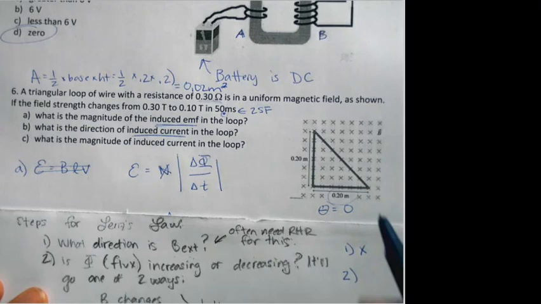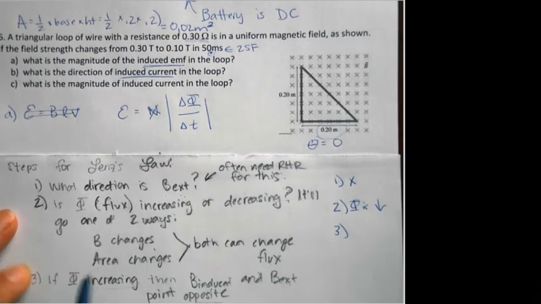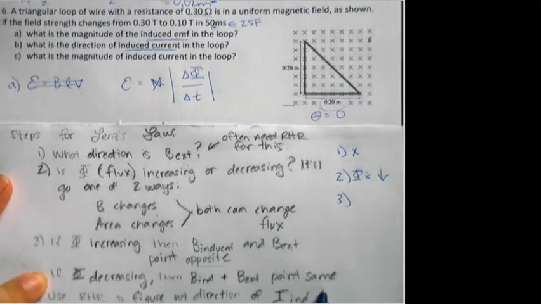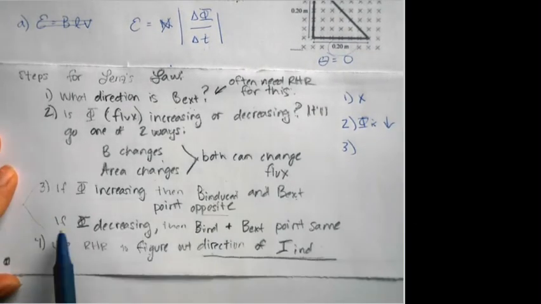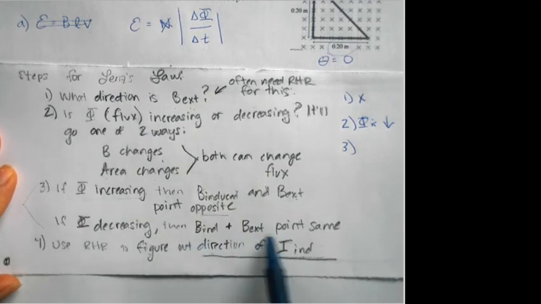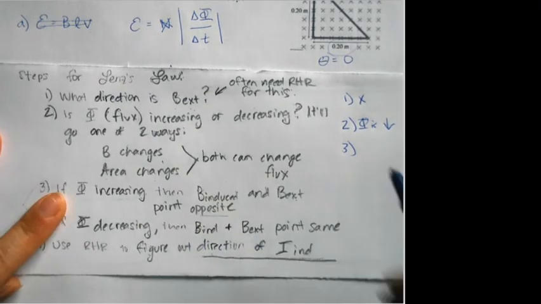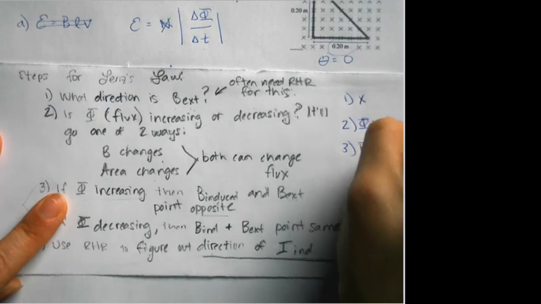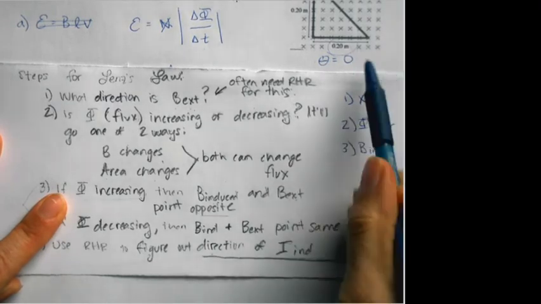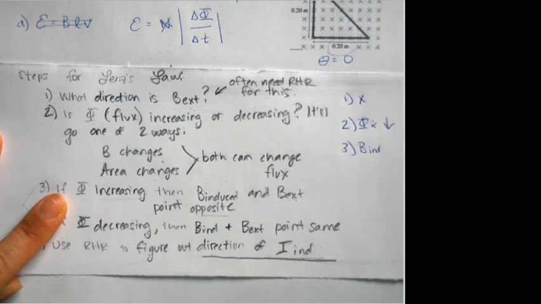It's decreasing. And that means that if flux is decreasing, then B induced and B external point in the same direction. So the flux is decreasing, so the induced and the external point in the same direction. So that must mean that B induced is also an X because B external is an X.